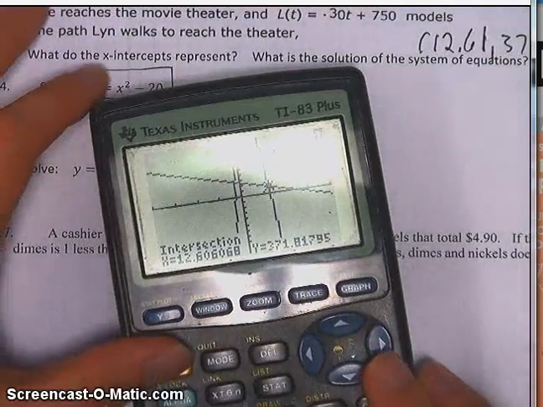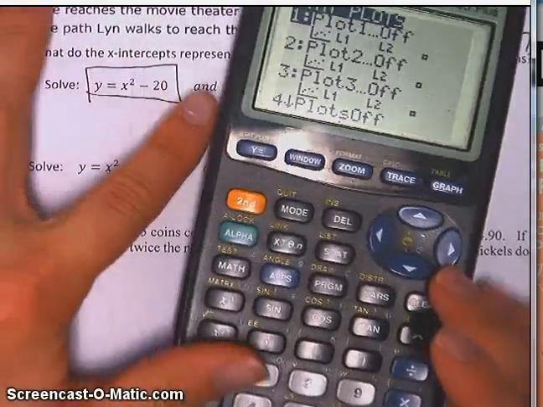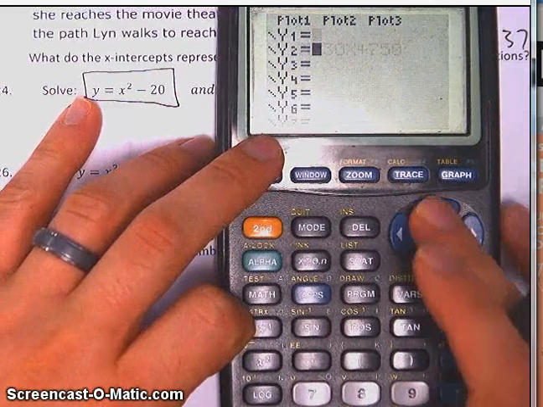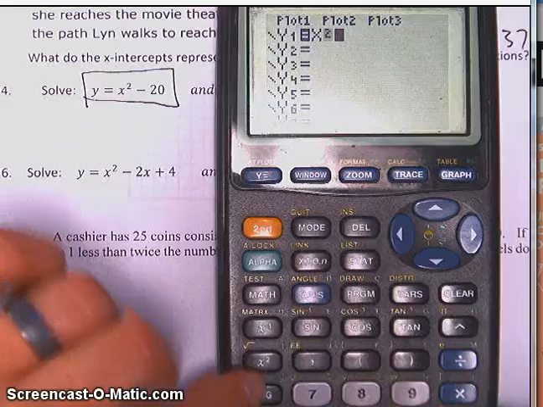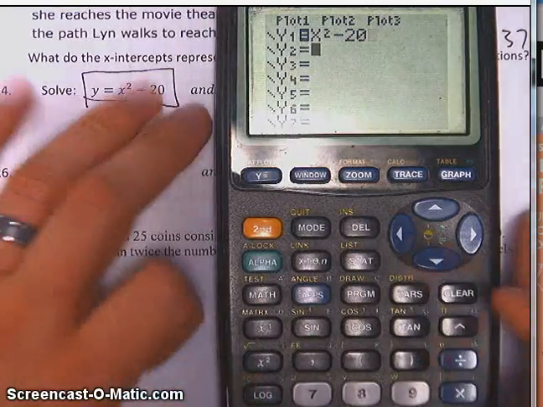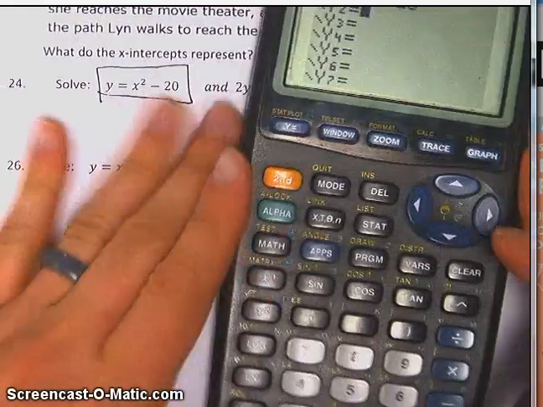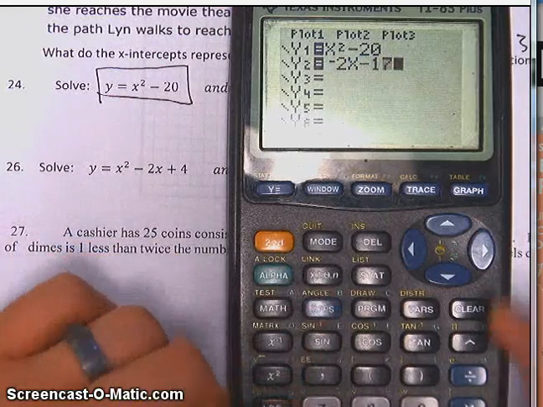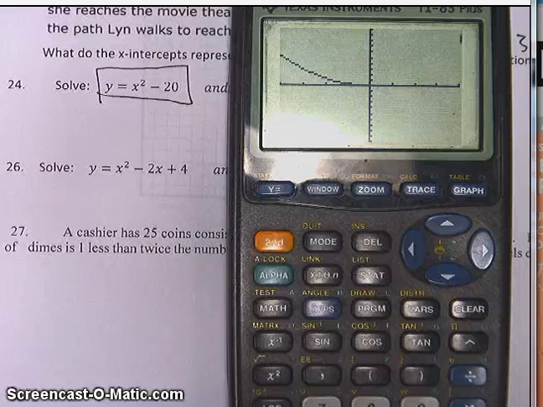And I'm going to graph this equation and this equation, and I simply want to know where they cross. So I'm going to go back to my calculator again, and I'm going to type in these two equations. X squared minus 20, and the second equation was negative 2x minus 17. And I'm going to graph it.